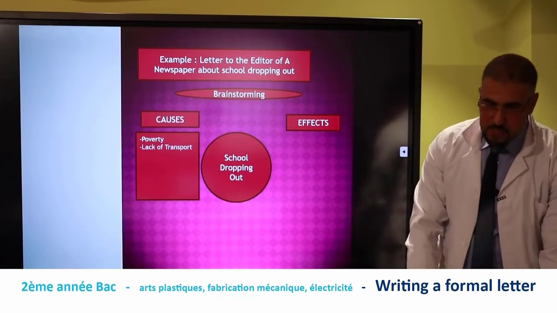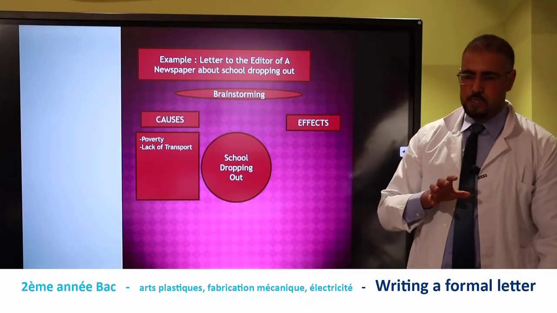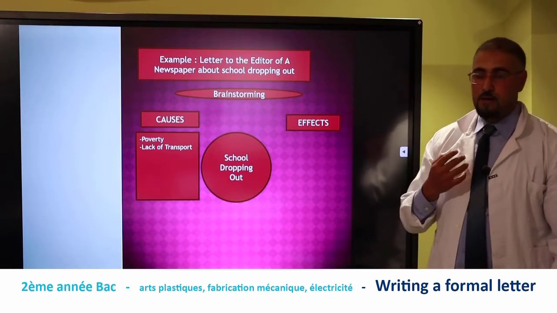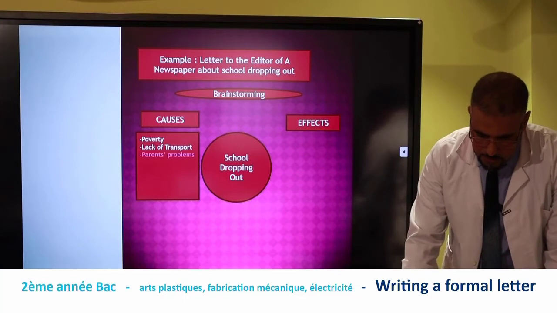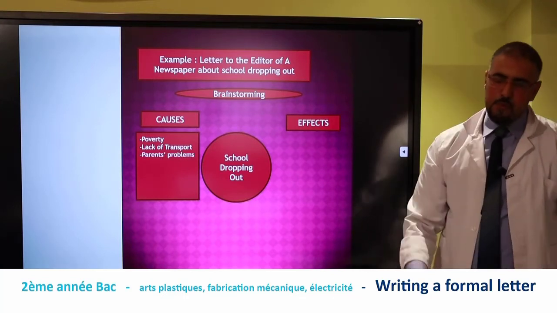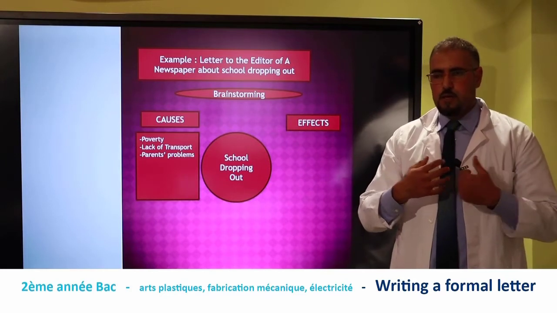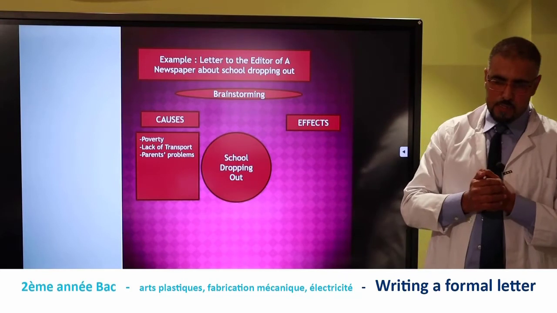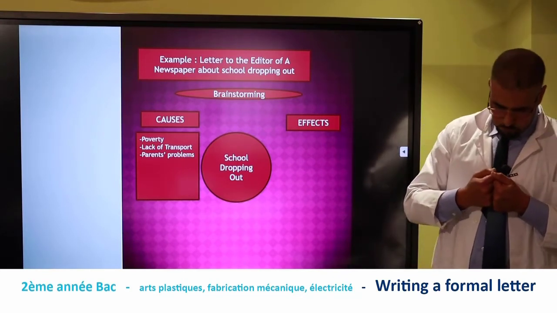Yes, lack of transport, and this problem we find in the countryside. Schools are very far from home. And parents' problems. Sometimes we have divorce. A family, the wife is in one place, the father is in one place, and the children are separate.